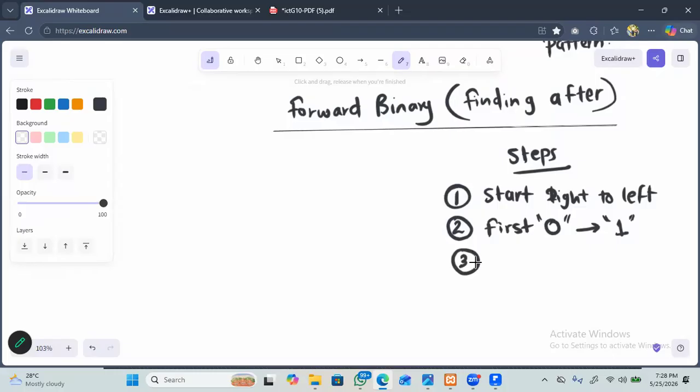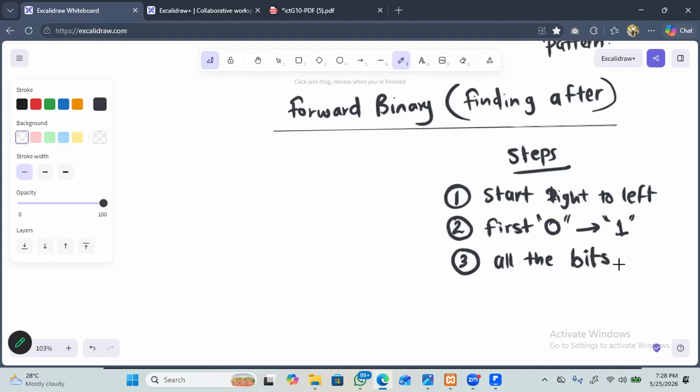Then the numbers behind, or else the digits behind the converted number should be zeros. All the digits in binary, we are calling each and every digit a bit.